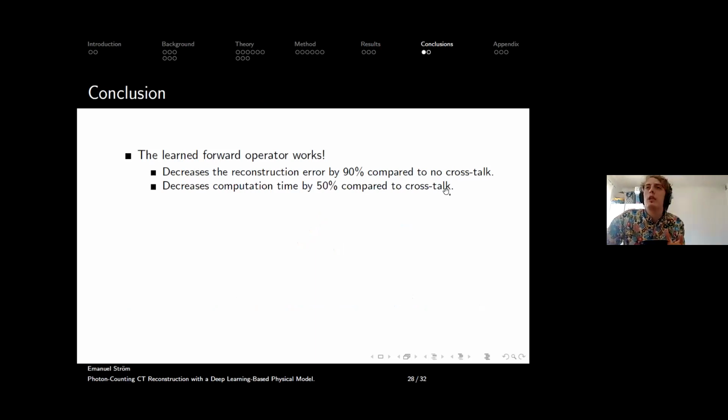So we really get the best of both worlds here: high accuracy and high speed as well. And the idea is that if we increase the resolution, we should see a much more drastic decrease in computation time. And as two bonus points, it was really nice to see that it generalizes both to unseen data, but also to unseen detector setups.